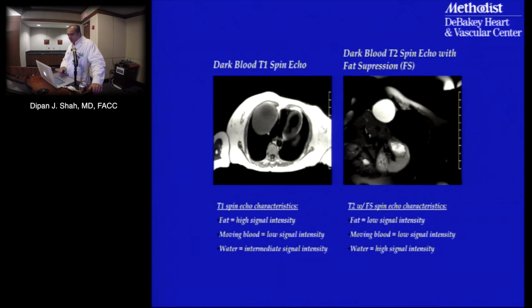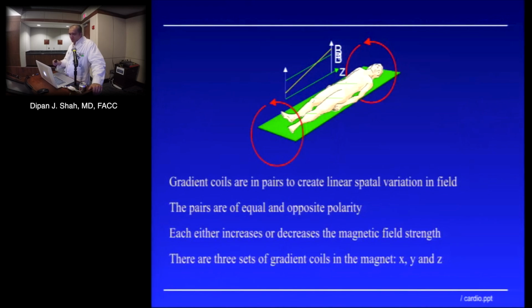Okay? So now, the other thing I touched on before is the gradient coils that we utilize. These gradient coils basically create a variation or distortion in the magnetic field.